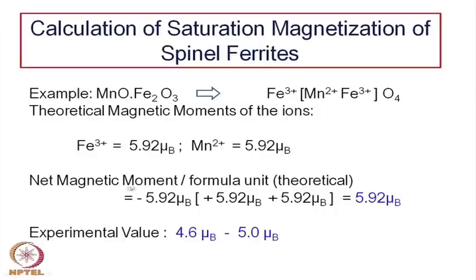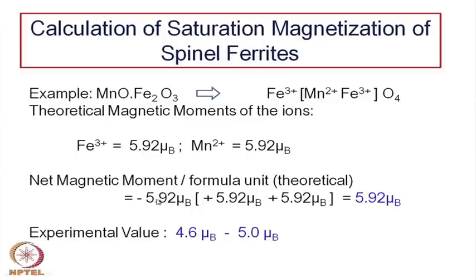Both of them are the same. So, the net magnetic moment per formula unit, again theoretical, is because there is an antiparallel coupling or antiparallel ordering, this and this actually cancel each other. If this is pointing upwards, this should be pointing downwards or vice versa. So, this Fe3+ and this Fe3+ cancel each other.